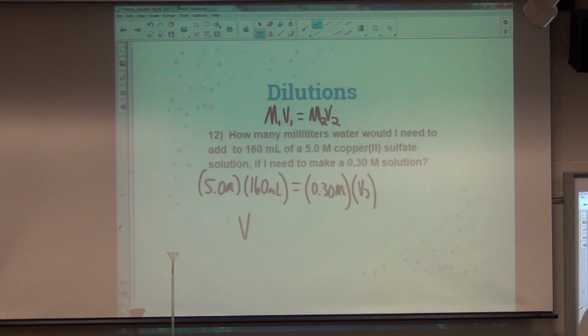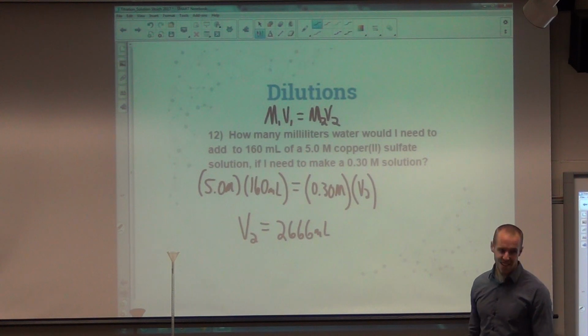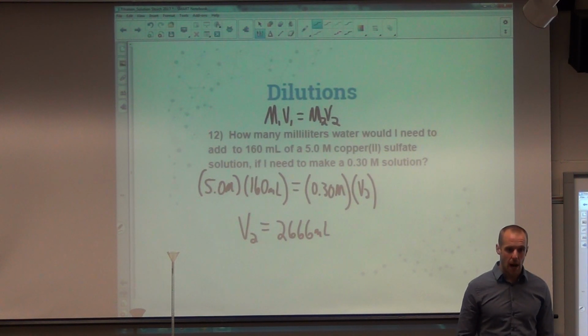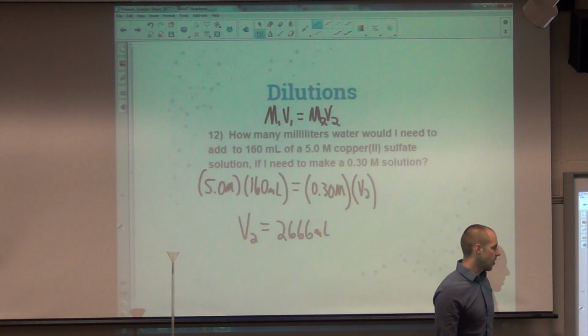So V2 equals about 2,666 milliliters. Now, that is not how much water I needed to add because I started at 160.